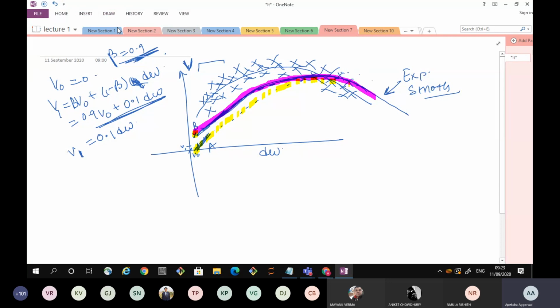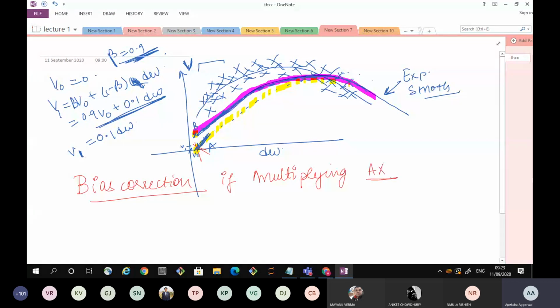So there is one addition in the exponential smoothing that is called bias correction. So what is bias correction? What if I multiply the value at point A with a larger number?